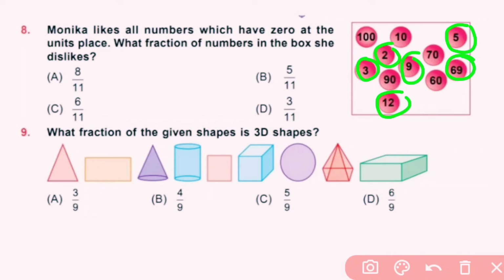So there are a total of 11 numbers and out of 11 numbers she dislikes 6 numbers. So here C is the correct answer.